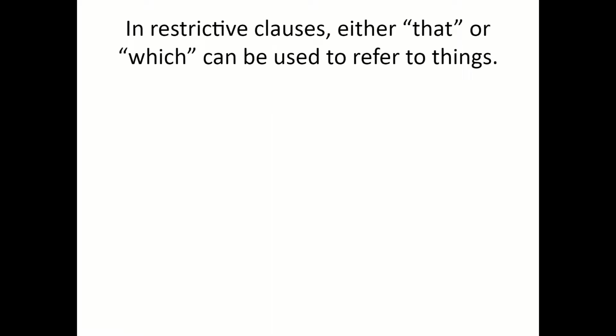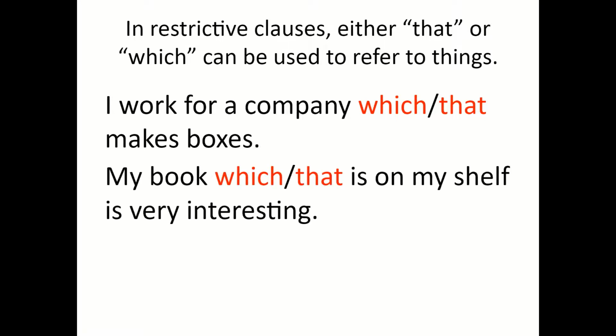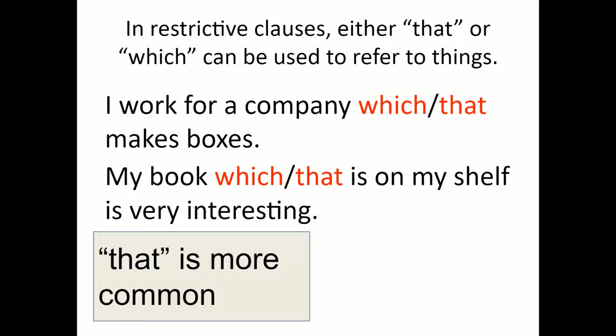In restrictive clauses, either that or which can be used to refer to things. So I work for a company which makes boxes, or I work for a company that makes boxes. Either one is okay. My book, which is on my shelf, or my book that is on my shelf, either one is okay here. That would be more common.